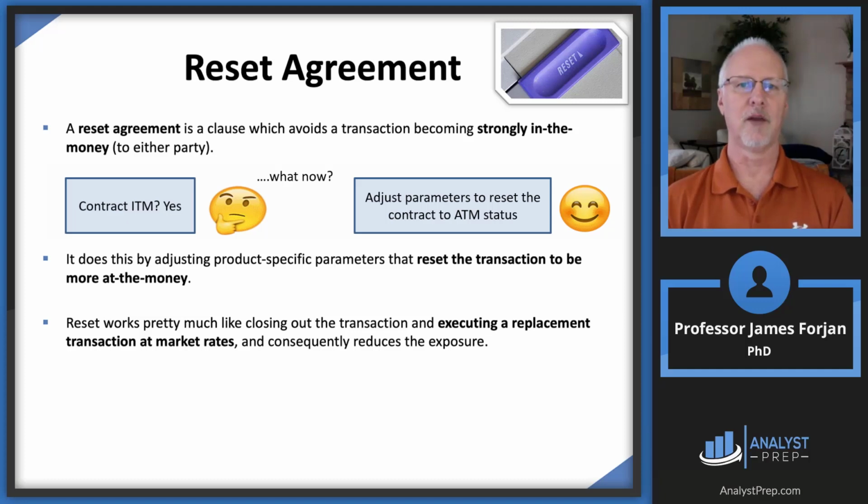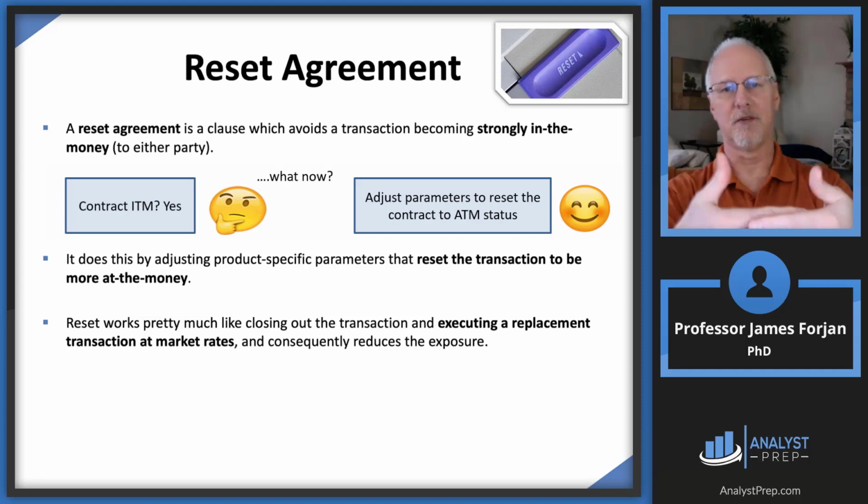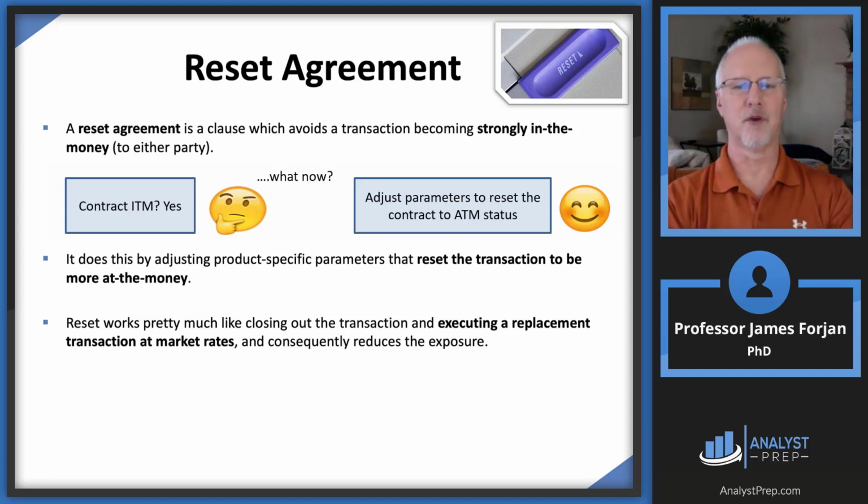And so we can reset the agreement, which might mean to change some of the parameters inside, maybe the terms of the contract. But what it also does, it's almost like executing a replacement transaction at that current market price. So instead of having to go out and find another derivative to layer on top of this initial derivative, this reset agreement allows the two parties to meet and then try to figure out what that replacement is going to be.